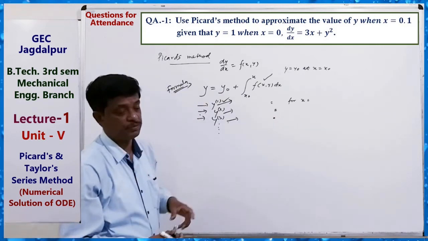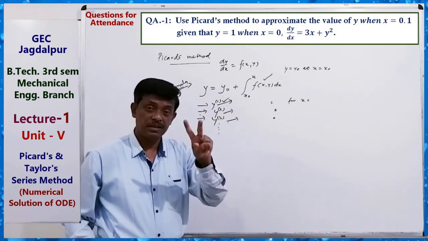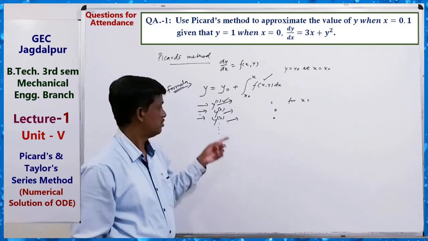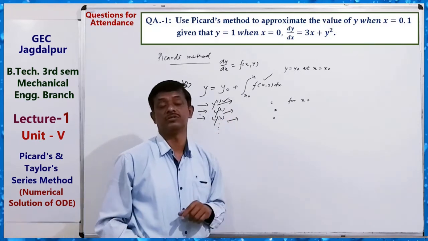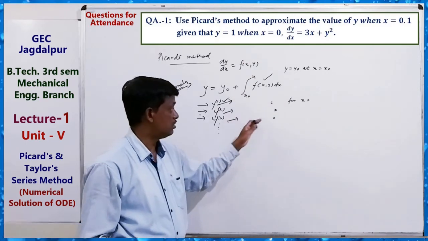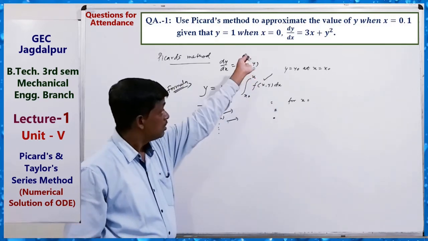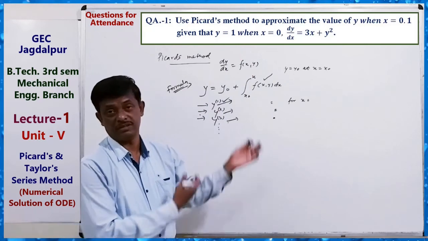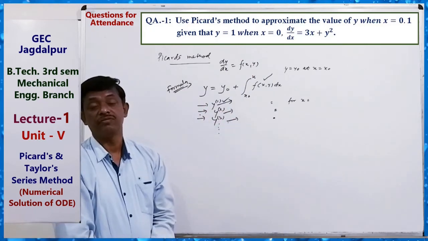If two successive approximations give nearly the same value, then you can consider that to be the numerical solution, the numerical value of y for that particular value of x for this initial value problem. Okay, so this is the process of Picard's method.